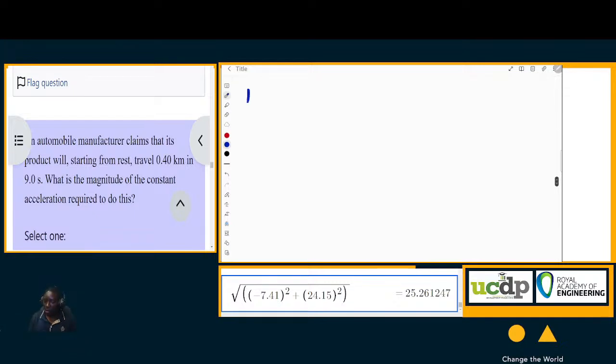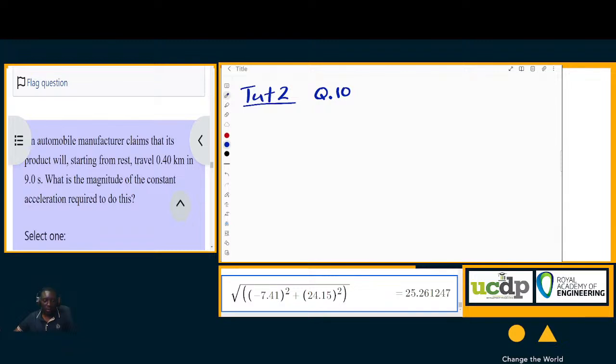Okay, so this is TUT2, question 10. And it reads, an automobile manufacturer claims that its product will, starting from rest, travel 0.4 kilometers in 9 seconds. What is the magnitude of the constant acceleration required to do this?